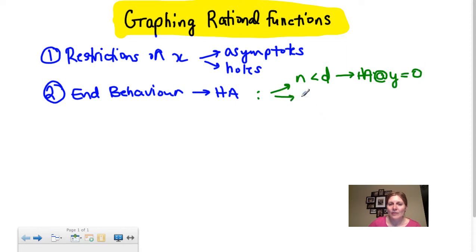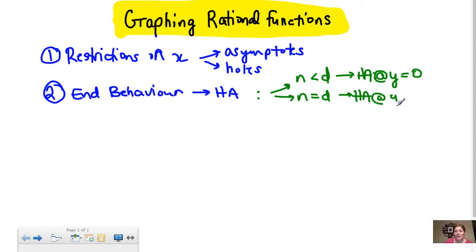The other thing that you should have found out is that if n is equal to d, the horizontal asymptote occurs when y is equal to the coefficient of the numerator over the coefficient of the denominator.